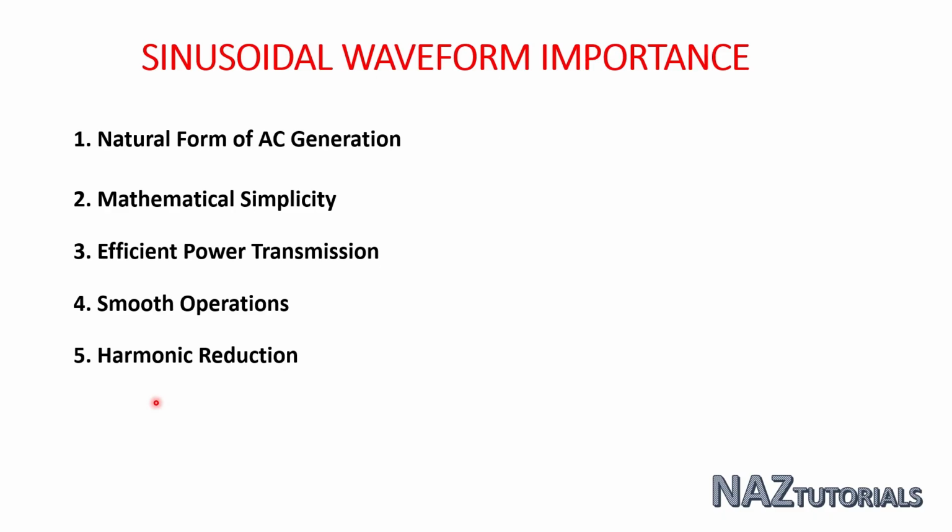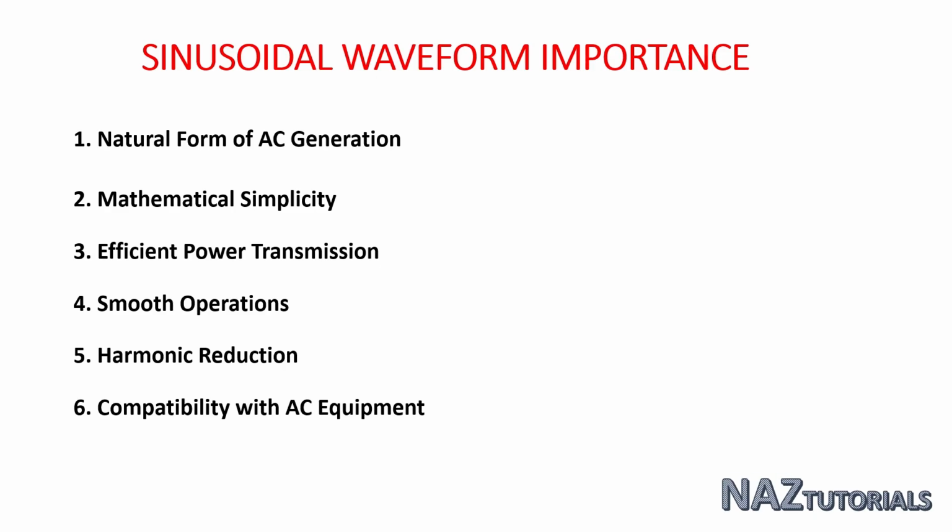Those harmonics can be analyzed by Fourier series representation, and they can be suppressed by some other methods, and sinusoidal waveforms have fewer harmonics in comparison with other types of alternating waveforms. That's why this is widely used in electrical systems.